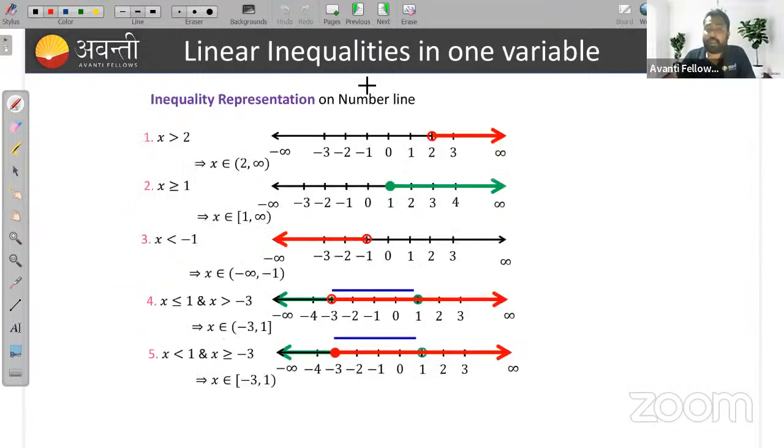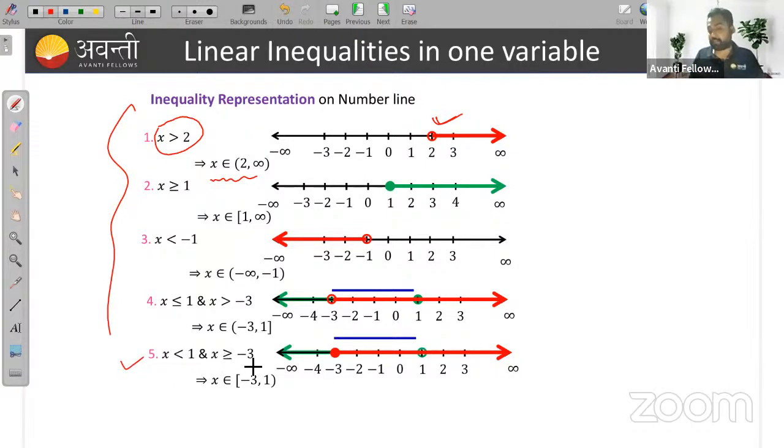Linear inequalities in one variable. Suppose we are taking the inequality x is greater than 2. That means the solution is an interval. We represent it as x belongs to (2, infinity), and graphically we can represent it this way. All these things you already know. Suppose we are taking the last example, x is less than 1 and x is greater than or equal to -3.